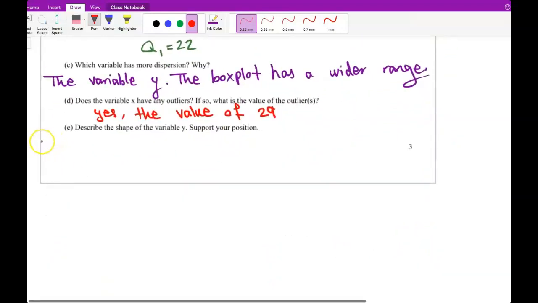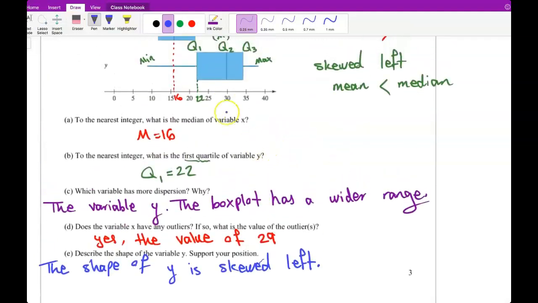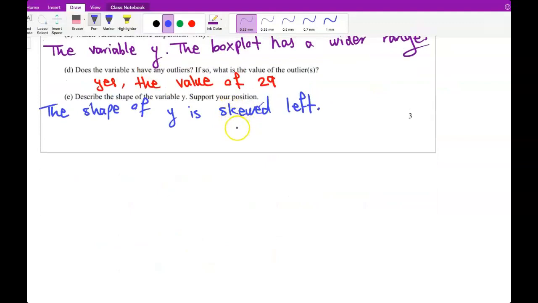So the shape of y is skewed left, and that is because what we have on left is the left tail is longer than what we have on right. That's how we know that that is skewed left.